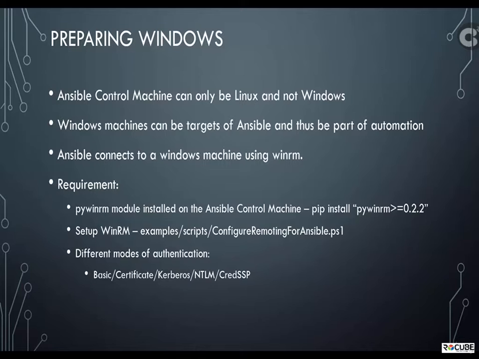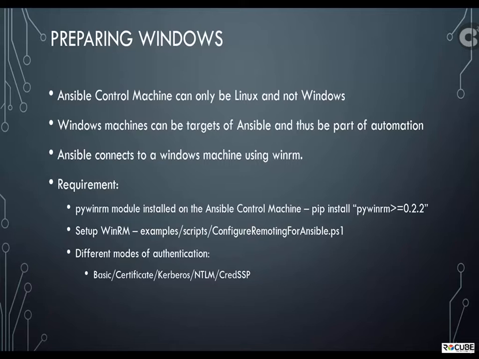Some of the requirements for setting up Ansible to work with Windows is to have the pywinrm module installed on the Ansible control machine. This can be done with the command pip install pywinrm and by specifying the version, which is 0.2.2. Once this package is installed on the Ansible control machine, we will need to set up WinRM on the Windows server.